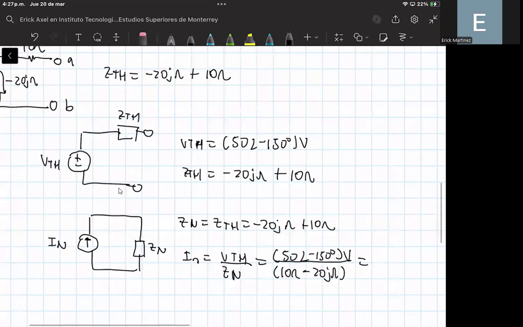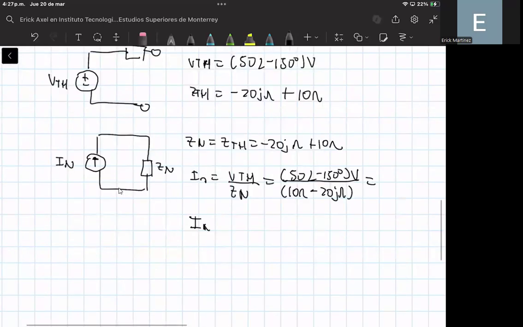And this is equal to, just one moment, 2.2360 with an angle of minus 86.565 degrees, and these are amperes.